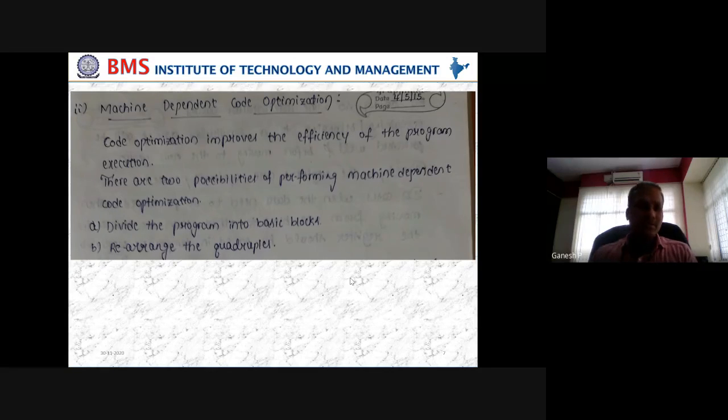We have already discussed in one of the classes that code optimization ensures the program is up to the requirements. It is not containing any redundant or unwanted data, which helps us save on the object program, in terms of its length or the time required for execution. That is basically called code optimization.